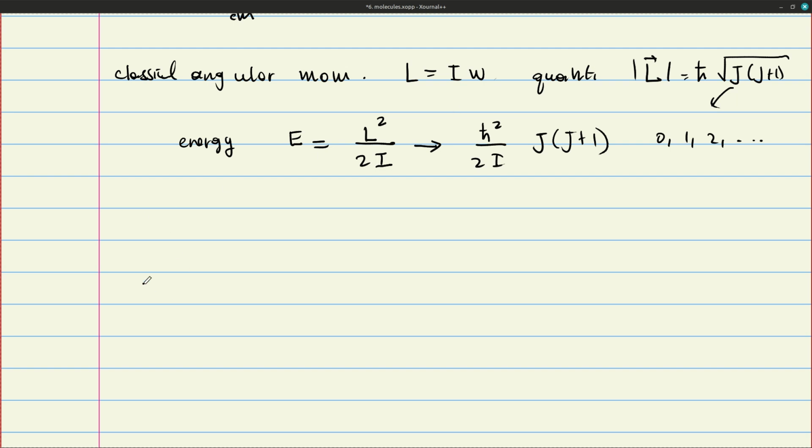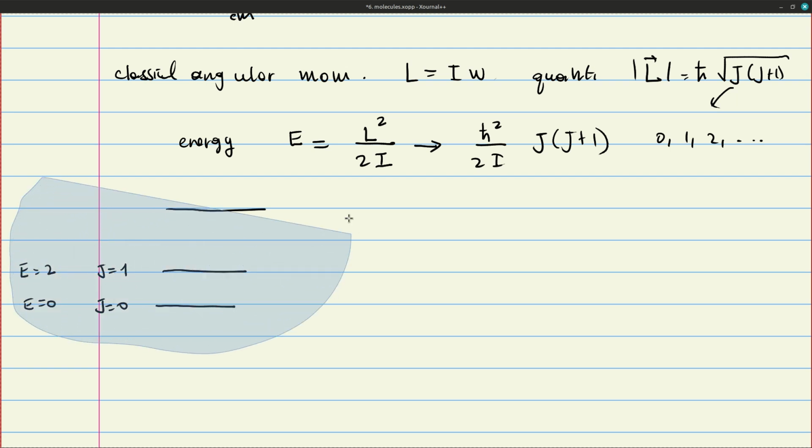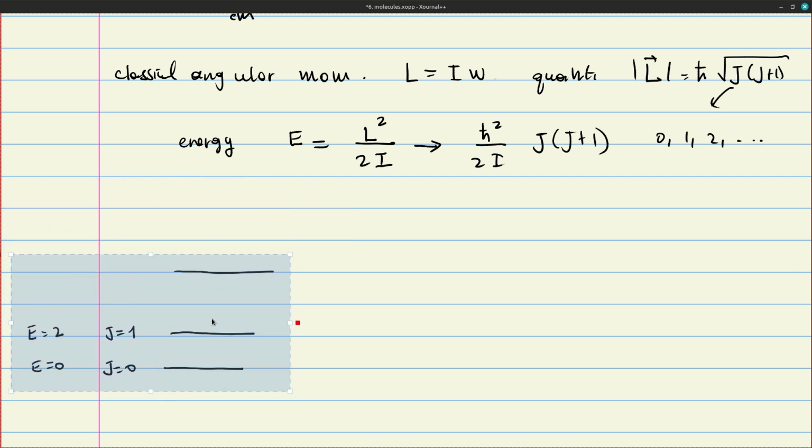And now, here are the levels. This is J equal to 0, E equal to 0 in units of h bar squared over 2I. Maybe there's another one here. J equal to 1, and E is going to be 1 times 2, so E equal to 2 in units of h bar squared over 2I. Actually, let me write two more to show you the full pattern.